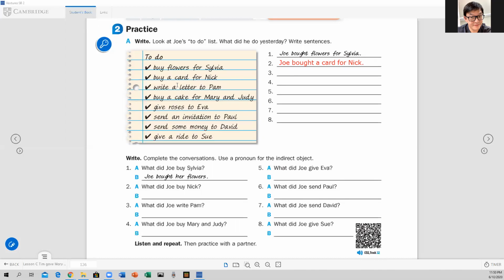The next one, write a letter to Pam. Then again, Joe wrote a letter to Pam. Okay? That's how we do the exercise. Okay? Easy or difficult? What do you think?